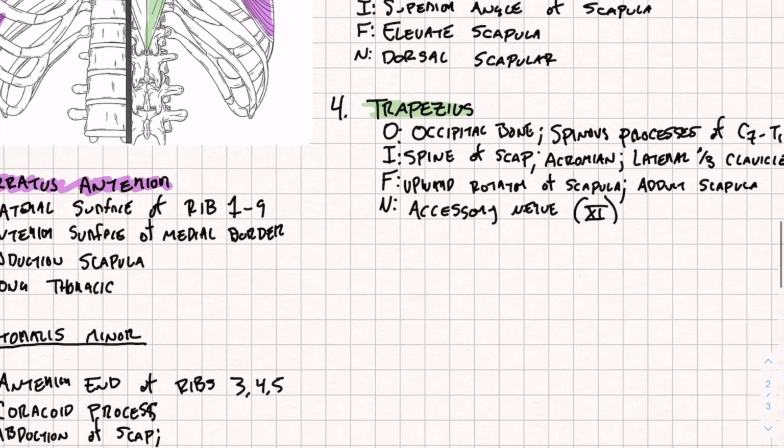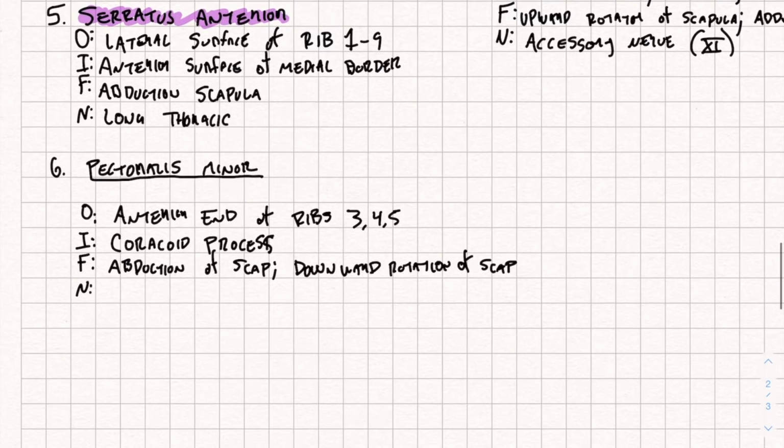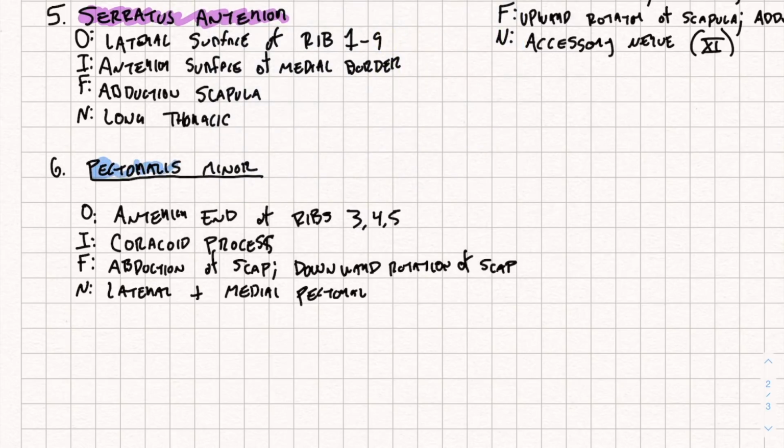And then I believe it also assists with downward rotation. The nerve that innervates this, there's actually two nerves that innervate this. You have a lateral and medial pectoral nerve. So that's that pec minor.